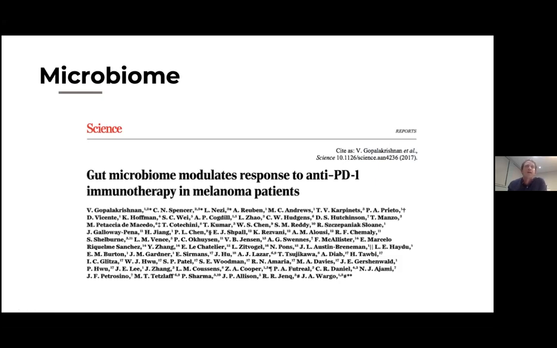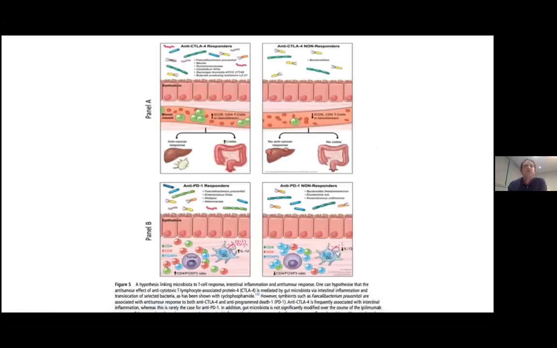And this is a bit of a messy slide. I don't want you to worry too much about it, but just to point out 2 things. So this is the anti-CTLA-4s up at the top, the responders and the non-responders, and the anti-PD-1, the responders and the non-responders. And in both groups, the responders typically had the Firmicutes microbiome phenotype.